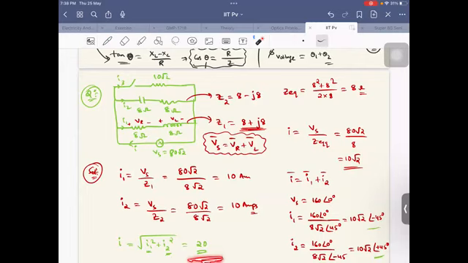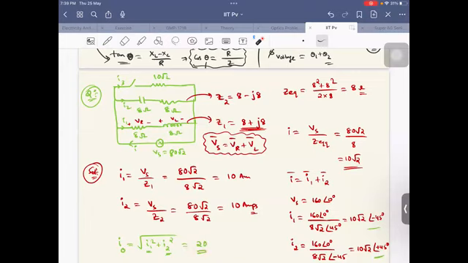No. This is the I naught value, whereas that one is I RMS. Whatever I have written here are peak values. So 20 is the peak value, but I want the RMS value. To get the RMS value from the peak value, divide by root 2, then you will get the same answer, 10 root 2.